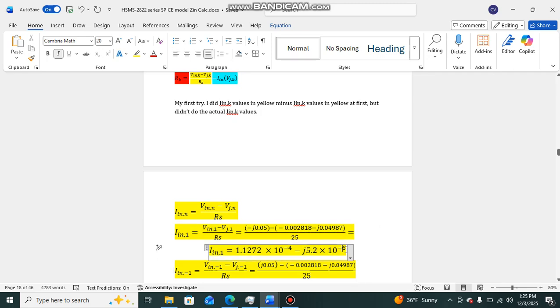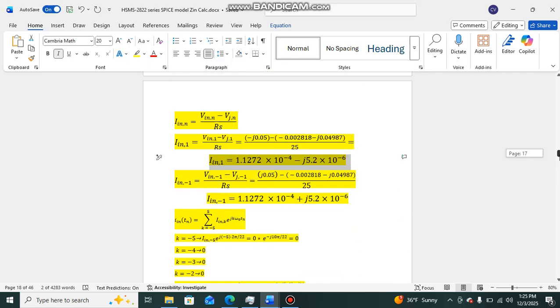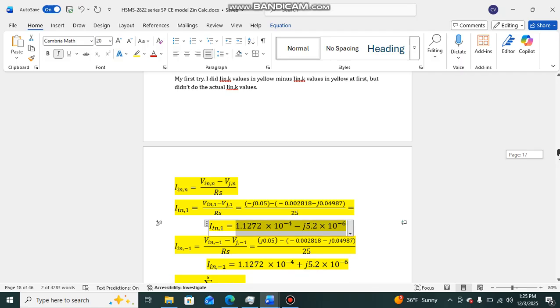So you could go ahead and actually use this value to plug into your input impedance with the input voltage at the fundamental also, which is J0.05. And if you divide J0.05 divided by this, you would get your impedance.